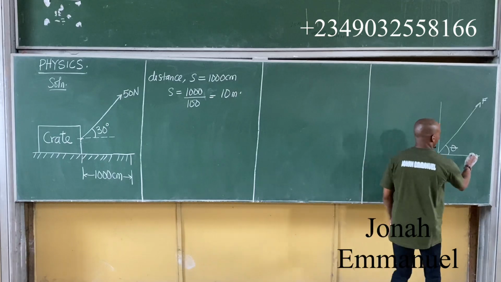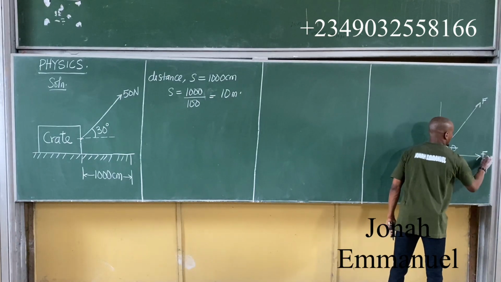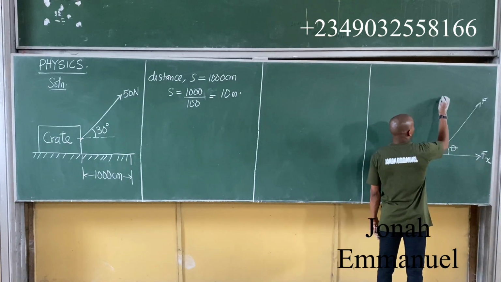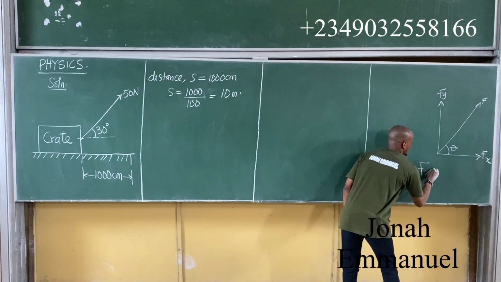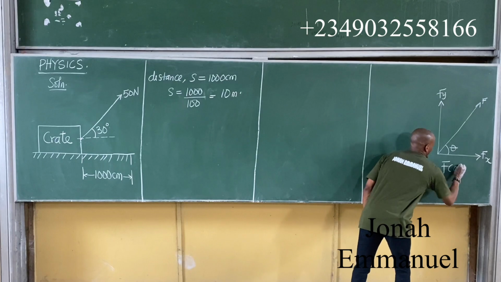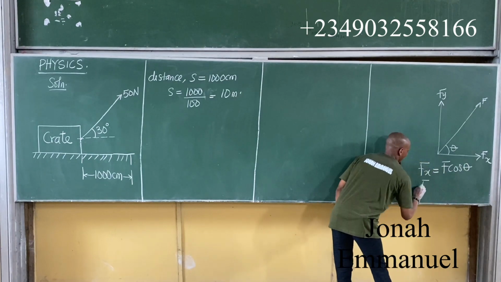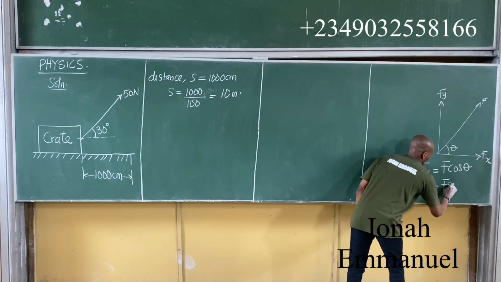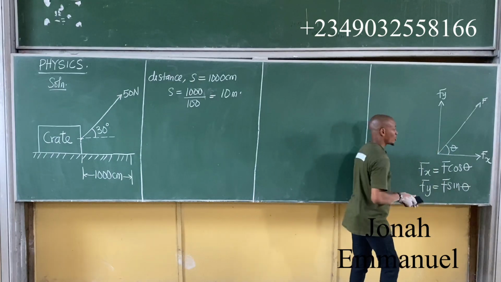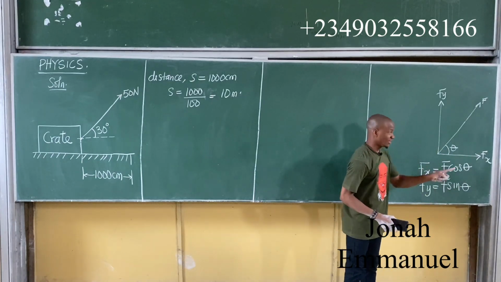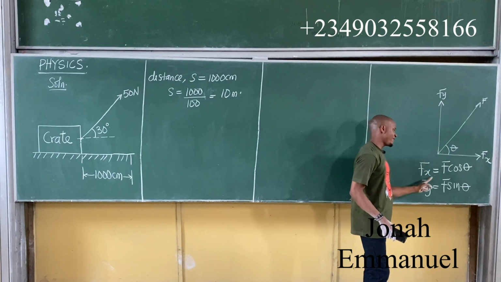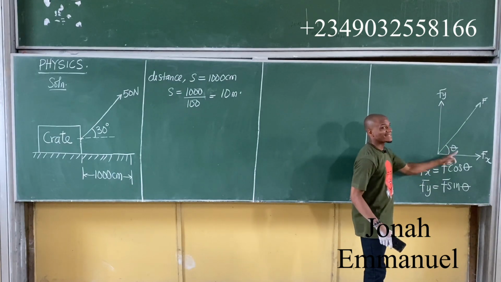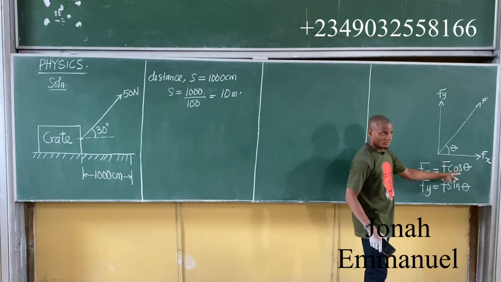This one is called the horizontal component, Fx. Here is the vertical component, Fy. We know that Fx is equal to F cos theta, and Fy is equal to F sin theta. This is because the angle of inclination is to the horizontal. If this angle was to the vertical, Fx would equal F sin theta. So be careful.